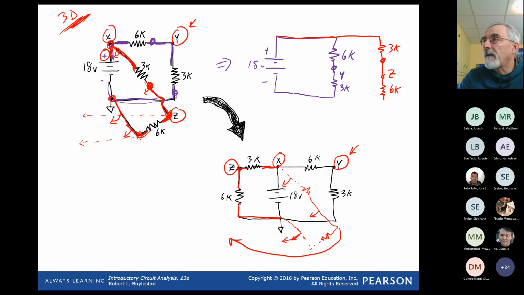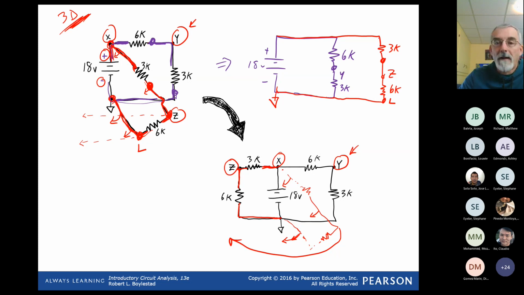And I'm starting to get lost, so I'm going to give this a label. I'll call it L because I'm getting lost. And then from L, I go to the negative or common. That's right there, negative. And I've redrawn the circuit.